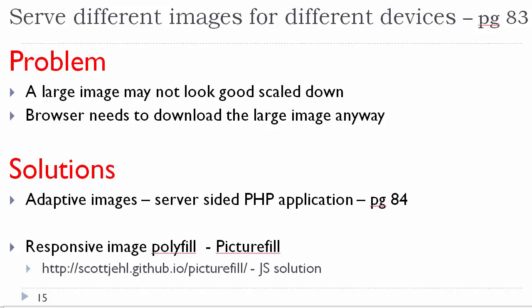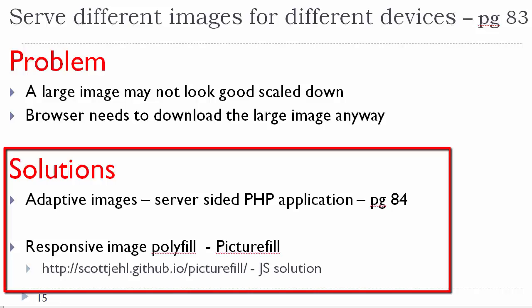All right, so do we have some problems here? Yes. If this is a large image and we keep on scaling it down using HTML and CSS essentially, it may not look good scaled down. Also, the browser is still downloading that large image anyway. And on a mobile device, this is not necessarily efficient. All right, so what is the solution?